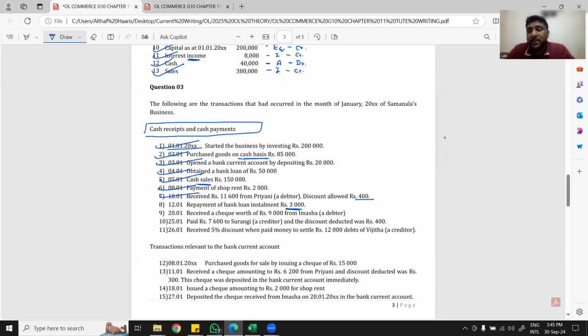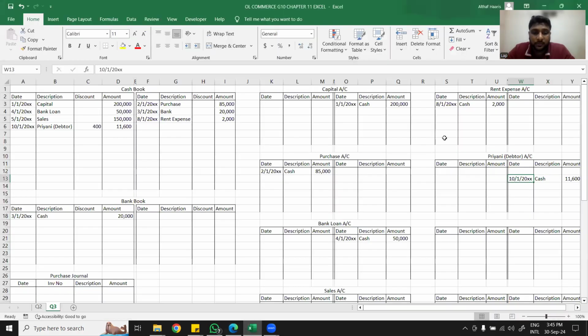Bank loan debit, cash credit. Bank loan is decreasing.